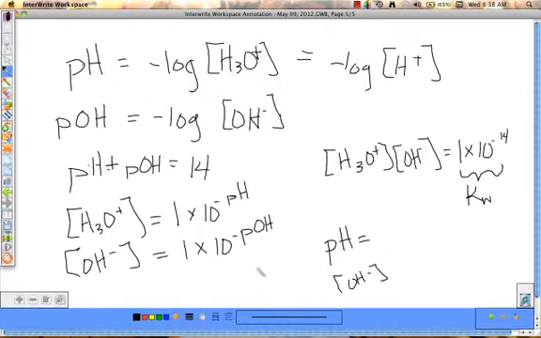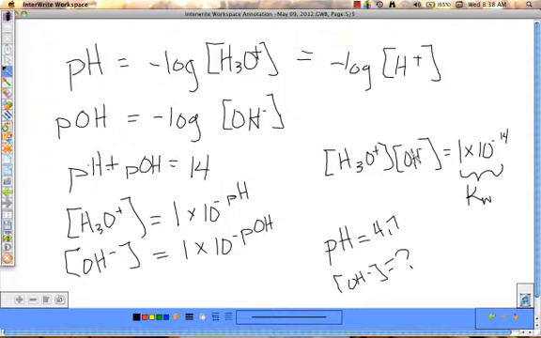So you're going to have to find it in steps. You know the pH, so let's call it 4.7, and the pOH is 9.3. There are a couple different ways you can do it, but you need to get to where you can find this concentration.